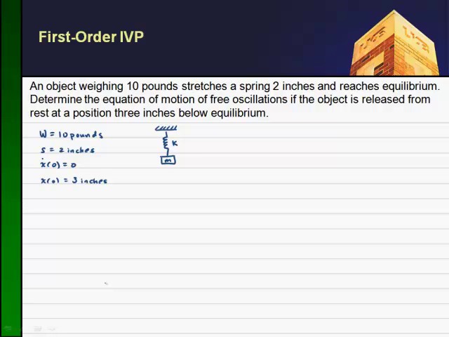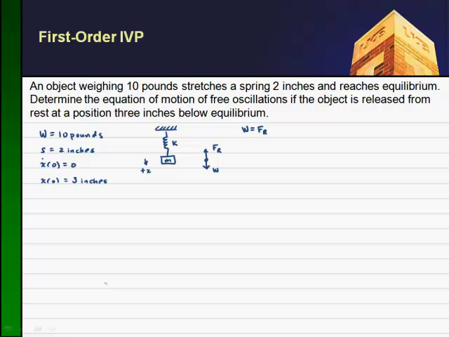So if we recall some mass hanging on a spring, when it comes into equilibrium, that mass provides a downward weight while the spring provides a restoring force acting upward. If we assume that downward is the positive x direction, in this balance the weight is equal to the restoring force.